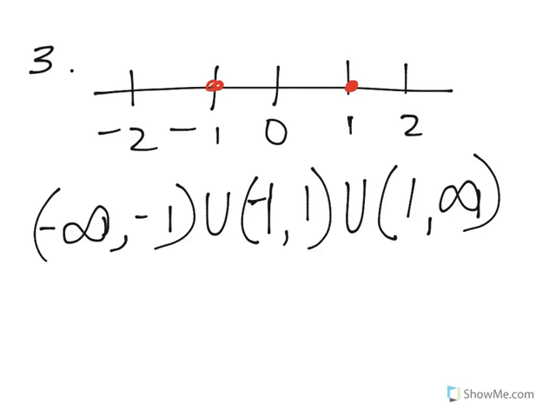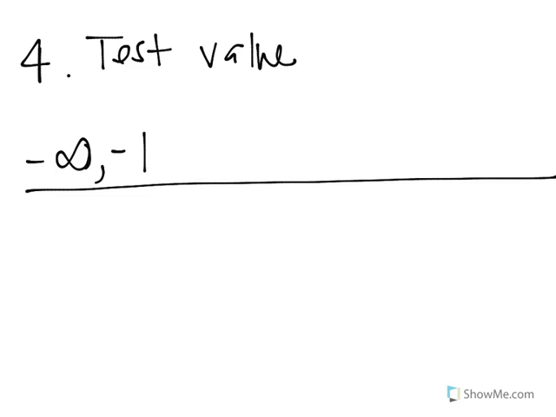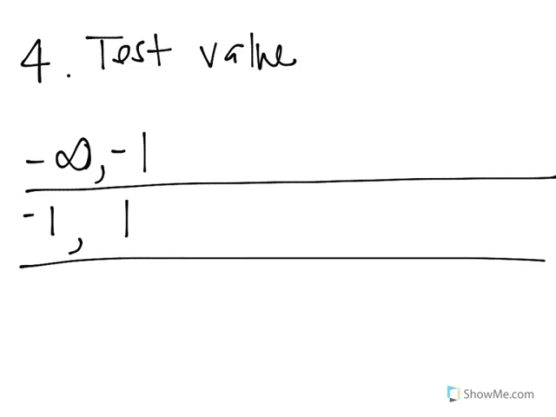So now we have that done. Step number 4, we're choosing a test value in each one of these intervals. So you draw a table. We have negative infinity to negative 1, negative 1 to 1, and 1 to infinity.